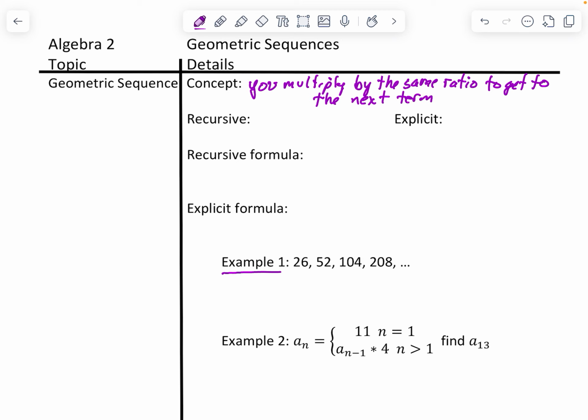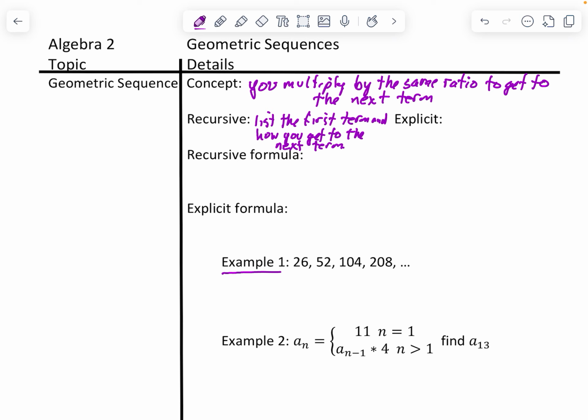Now, on the recursive formula, if you recall from when we did this, recursive means that you list the first term and how you get to the next term. So what you are multiplying by to get to the next term is what you define.